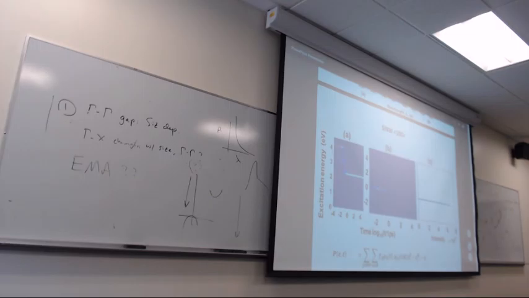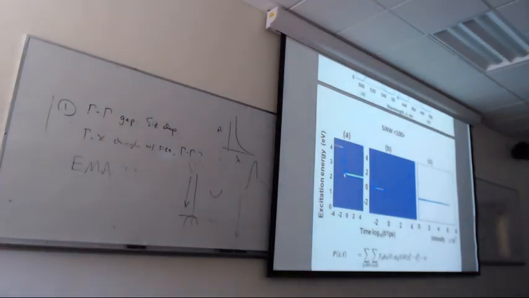Here the energy is approximately 4.5, so the electron is photoexcited with energy around 4.5 electron volts. And we can see this energy dissipation in this range.